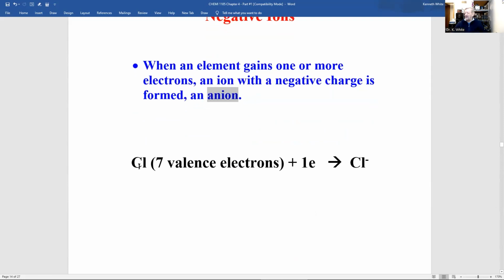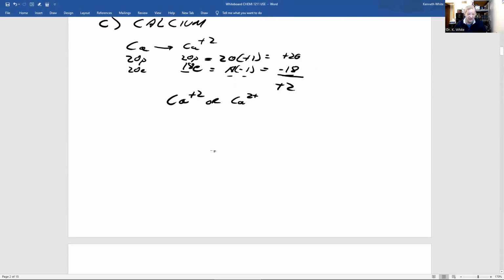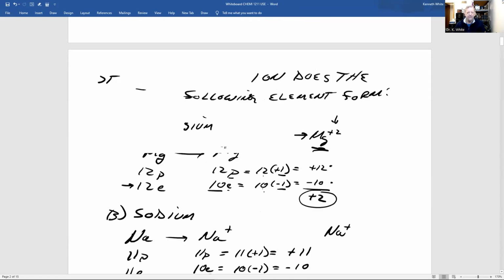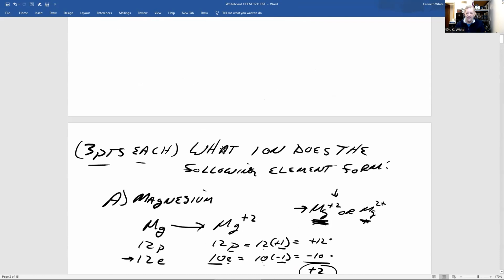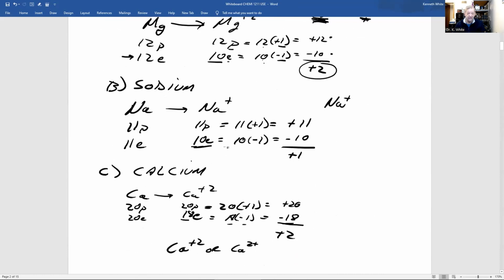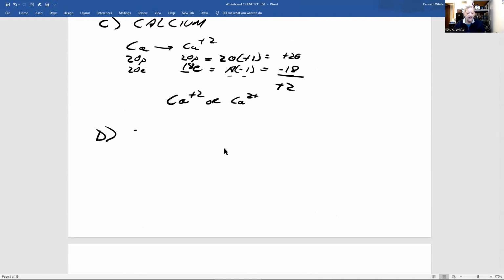All right, let's look at what ion chlorine will form. So let's do letter D for this question. What ion will the following element form, 3 points each, and it's chlorine.